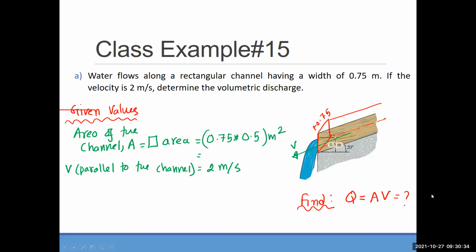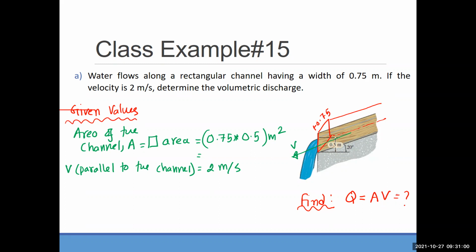If you are done, I will move to the next slide. Done, everyone? That V is parallel to the channel, but what was the condition of that V?